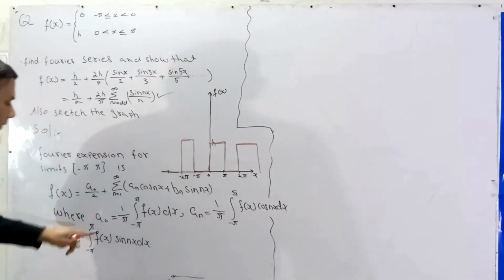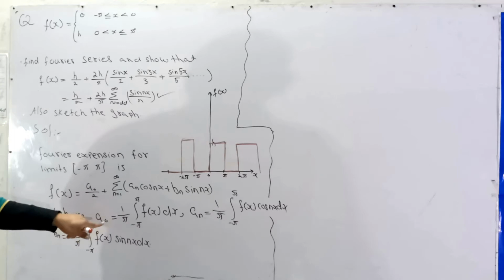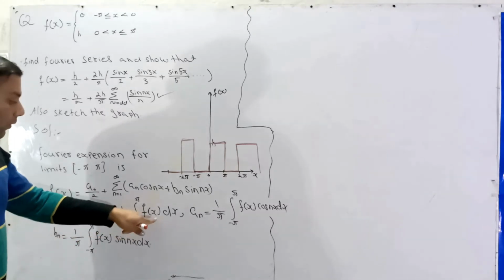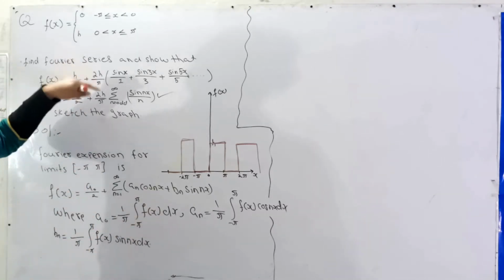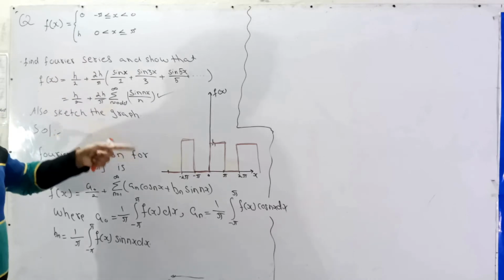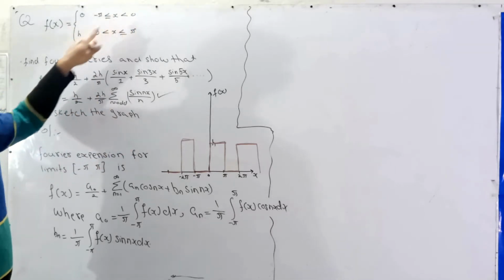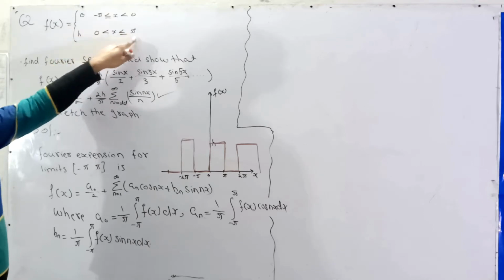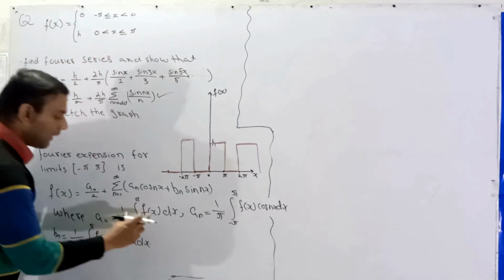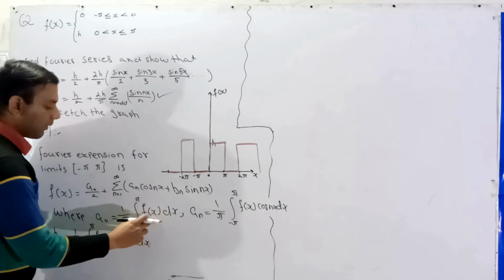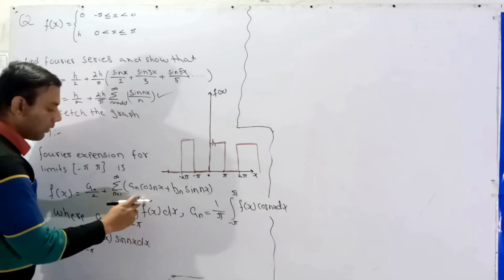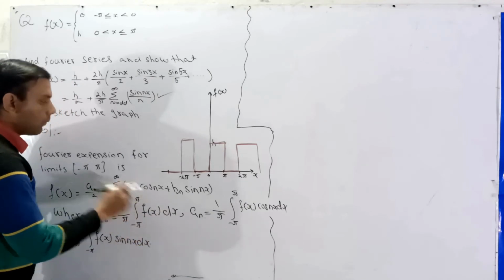First, I am going to find the value of a naught. As a naught depends upon f of x and the limit of x breaks into two parts, first part is from minus pi to 0 and second part from 0 to pi. That's why we have to break this integral into two parts, first from minus pi to 0 and then from 0 to pi.